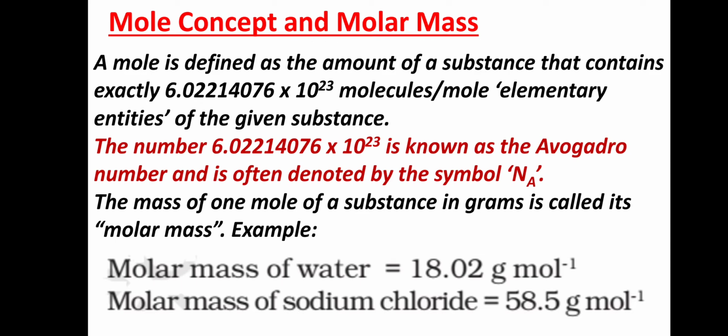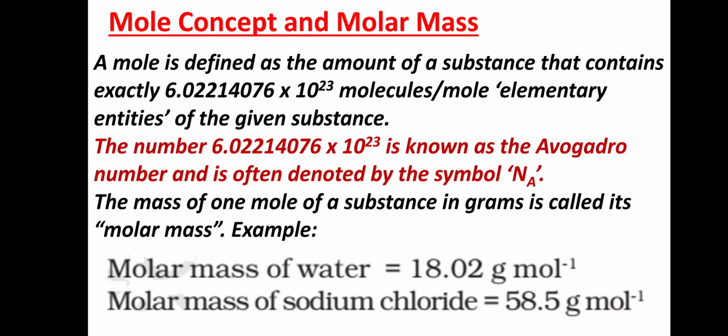An elementary entity may be an atom, a molecule, an ion, an electron, any other particle or specified group of particles. It may be emphasized that a mole of a substance always contains the same number of entities, no matter what the substance may be.